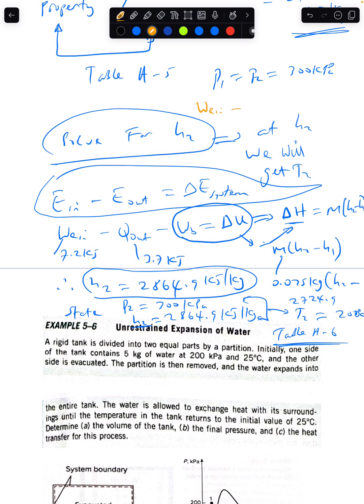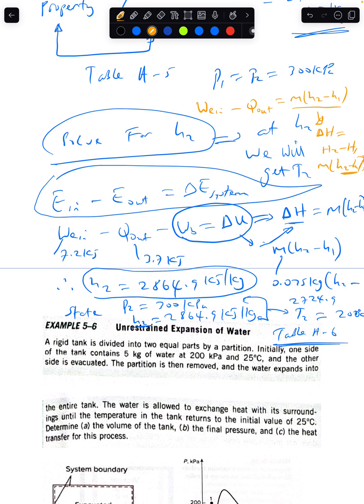It was positive, minus the heat that went out of the system. This is equal to the change of enthalpy, which can be equal to H2 minus H1.